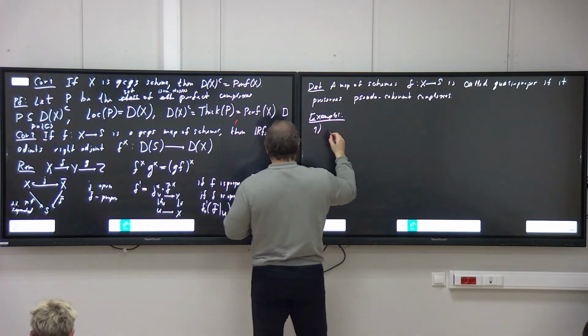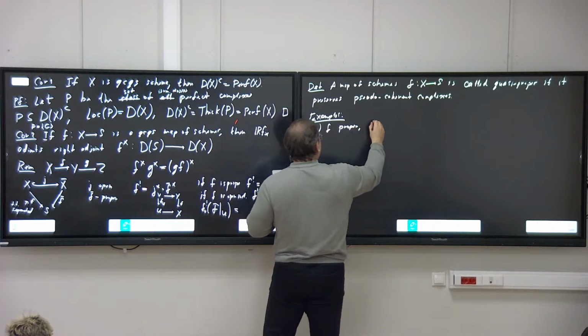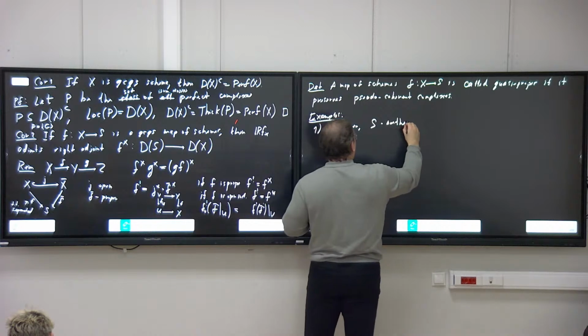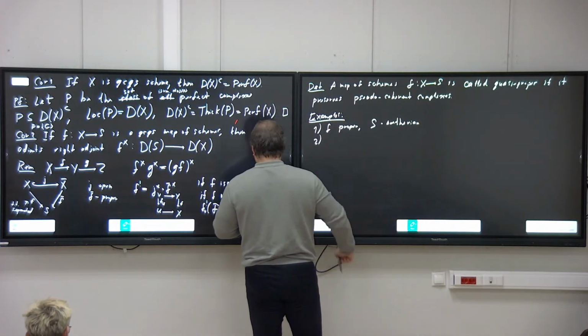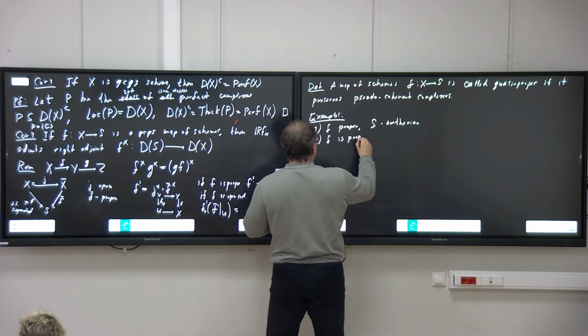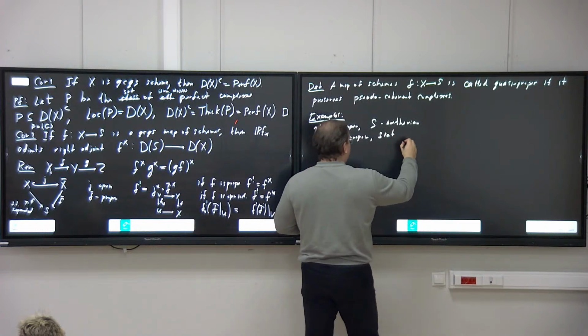First, you can take f to be proper and S Noetherian. And second, f is proper, flat, and of finite presentation.